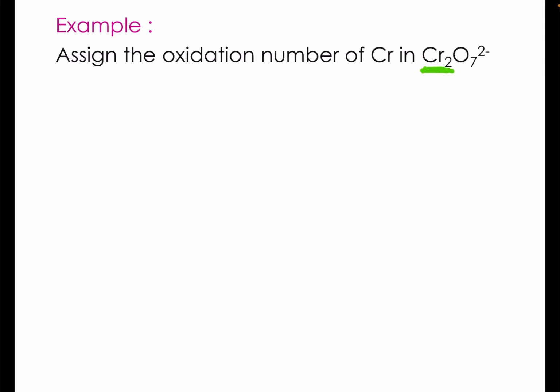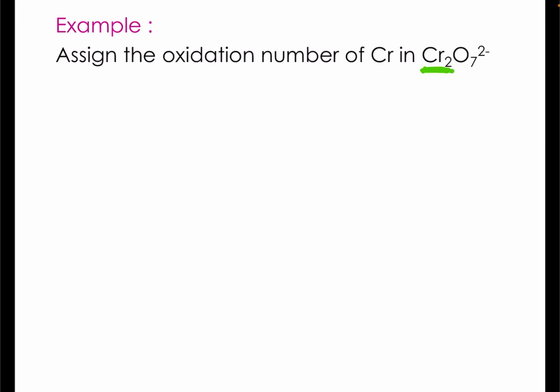Saya tak nak pun untuk oksigen. Dan sekiranya awak lihat di sini, saya mahu untuk satu sahaja Cr, bukannya 2. Di sini ada 2. So, saya hanya mahu satu sahaja. So, how I want to do that? Saya akan tentukan semua oxidation number untuk semua elemen selain chromium. Sebab chromium akan jadi saya punya unknown.